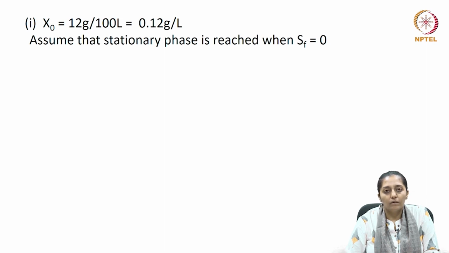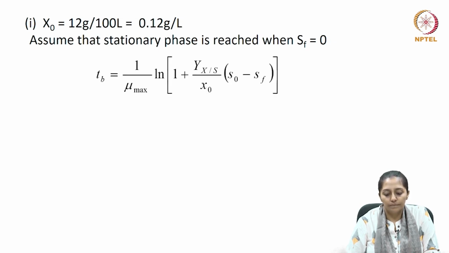Now, we need to calculate the time when the culture reaches stationary phase. So, here we are saying that the final substrate concentration is 0 at the start of the stationary phase.